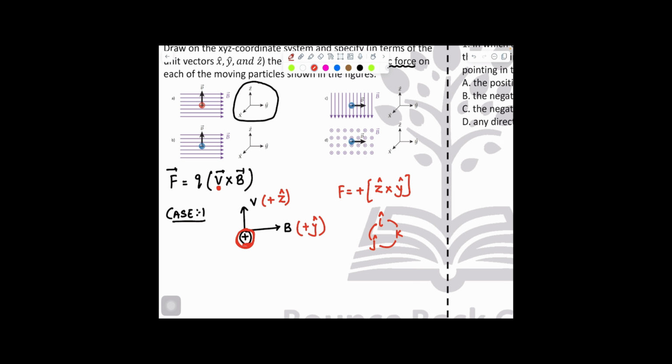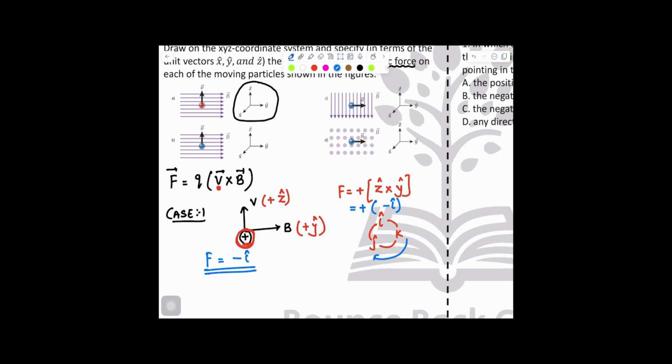So what we are solving right now? k and j is the reverse, so it should be negative. So the result should be plus, in brackets, minus i cap. So what is the answer? The direction of force is negative i cap.